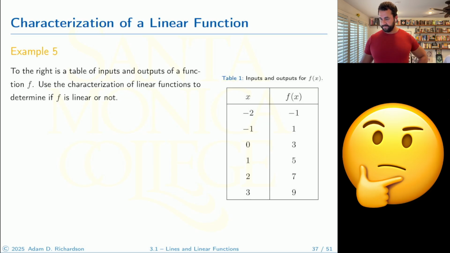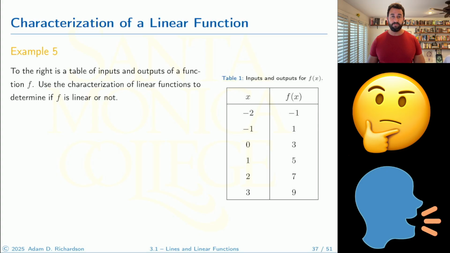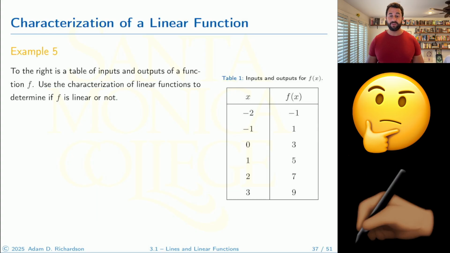Say something out loud to yourself. What could you do to determine if this thing is linear or not? Okay, now work it out on your own. Use that characterization, compute the difference between the consecutive outputs, and we'll do it together in a moment.